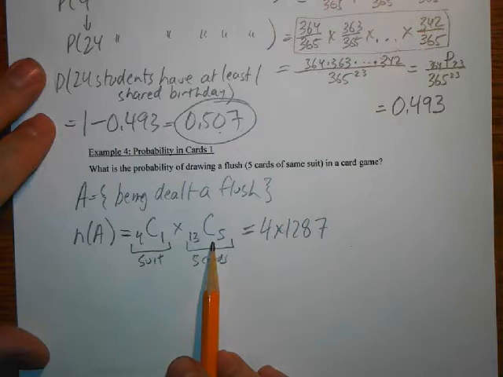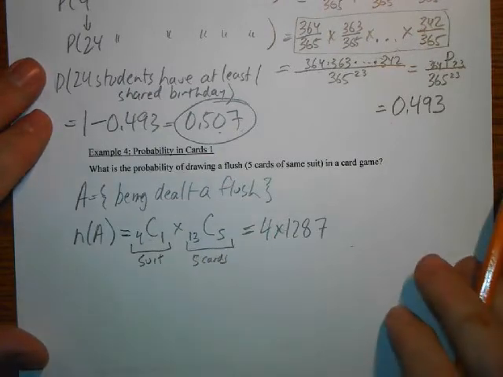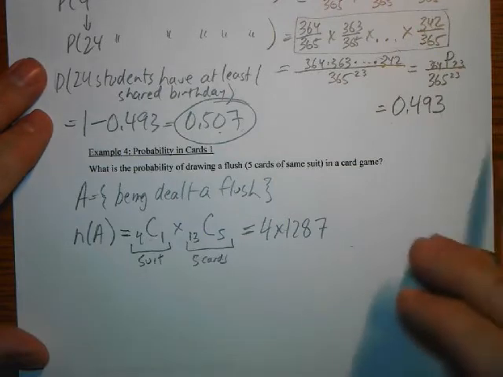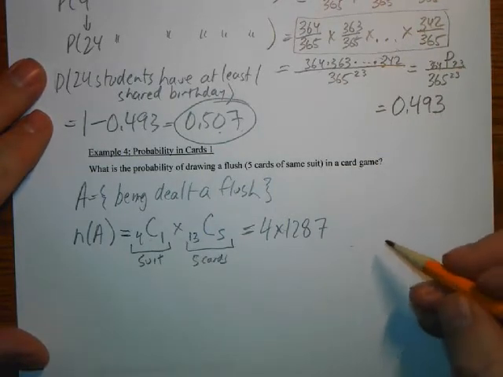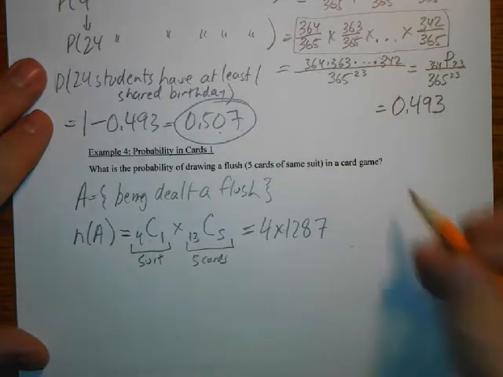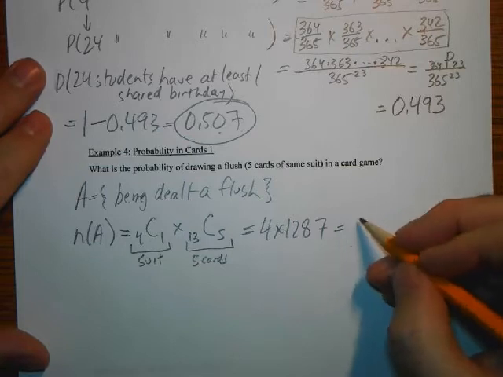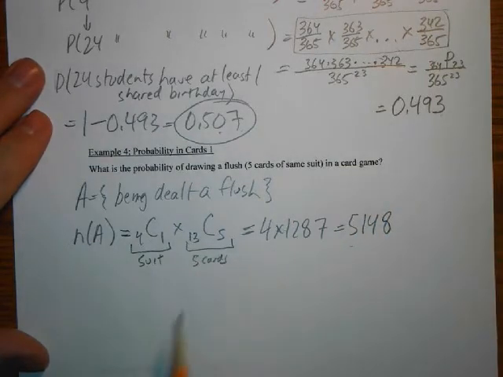Do I get the 7 of clubs first or 5th when I'm being dealt the cards? It doesn't matter because when I put my hand together, it doesn't matter. We just kind of count up the cards and move them around at that point. Okay, so if I multiply that, I get 5148. So that's the number of possible flushes.